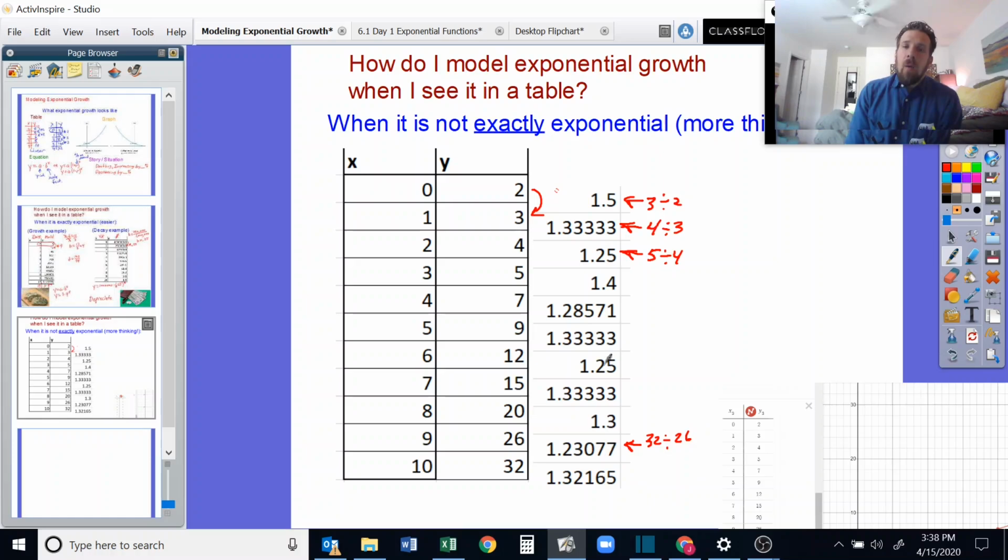Now, what I noticed here is that the data doesn't seem to be exactly consistently the exact scale factor, but it does sort of look like it has an average scale factor.